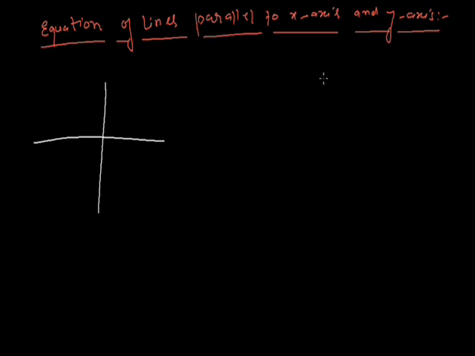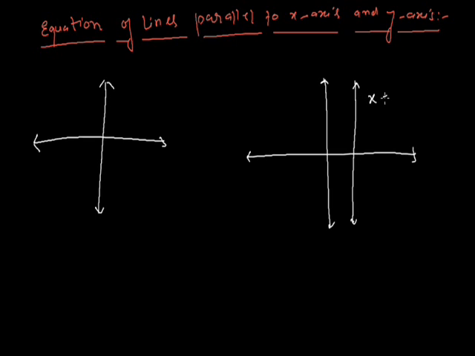Suppose these are the Cartesian planes. If we take any line which is parallel to the y-axis, the equation of the line is x equal to a, and if the line is on the left-hand side of the y-axis, the equation of the line is x equal to minus a.